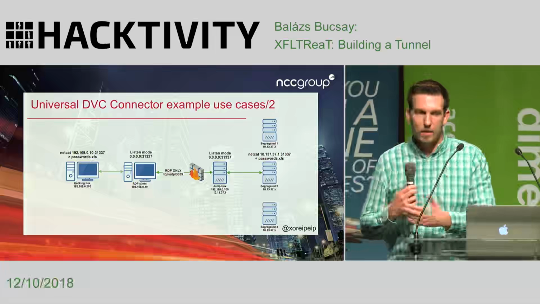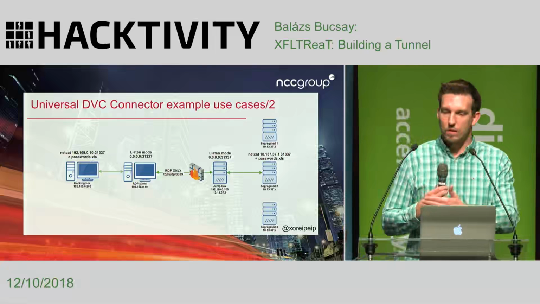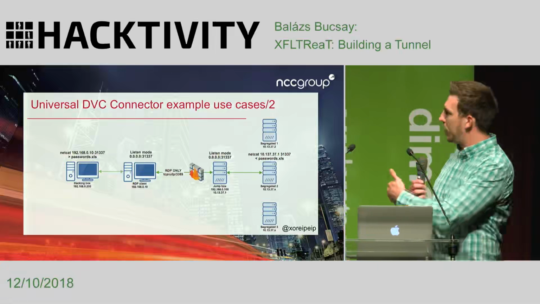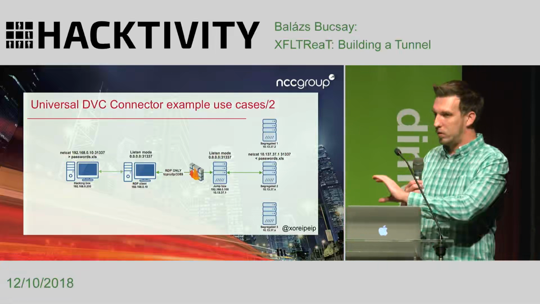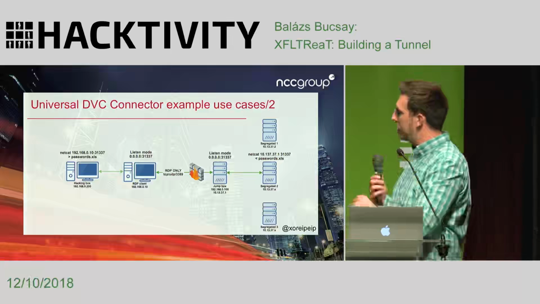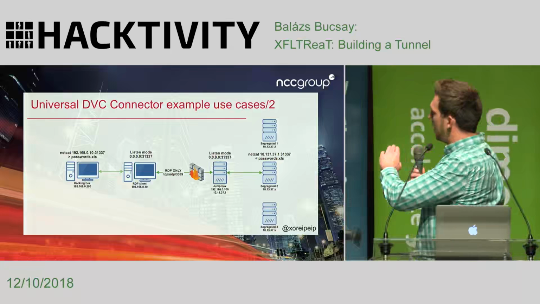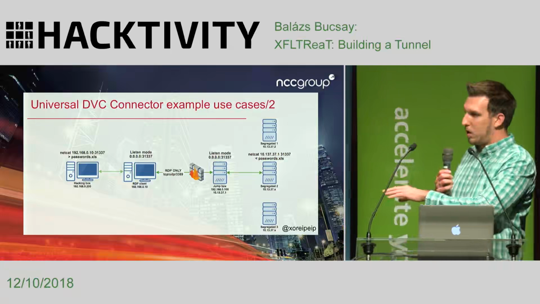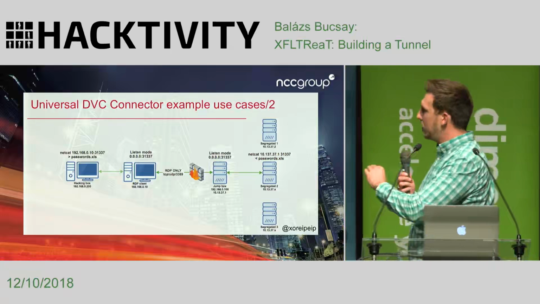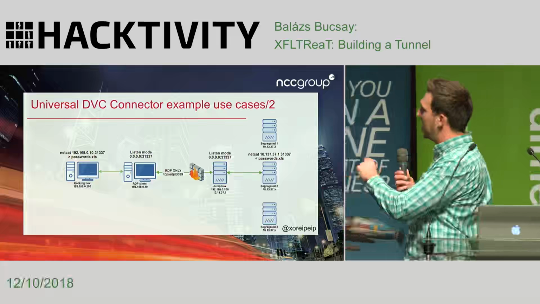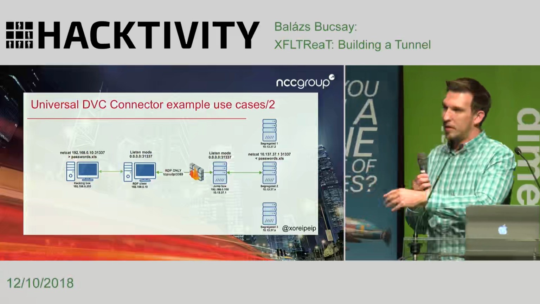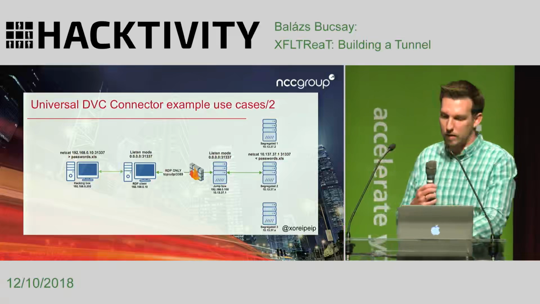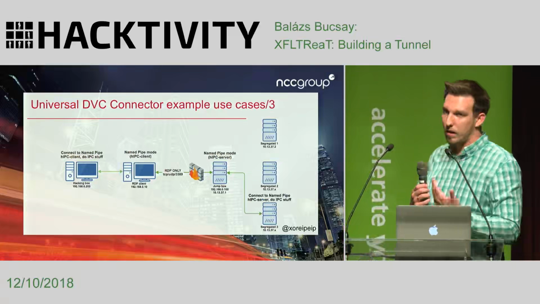On the right-hand side, after that, you connect to the jump box from the segregated server, and you put all the file content into that socket. So it will be sent over TCP from the segregated box to the jump box, then from there over RDP through the dynamic virtual channel to the RDP client, and again TCP between the RDP client and the hacking box. So that's how you can get files.